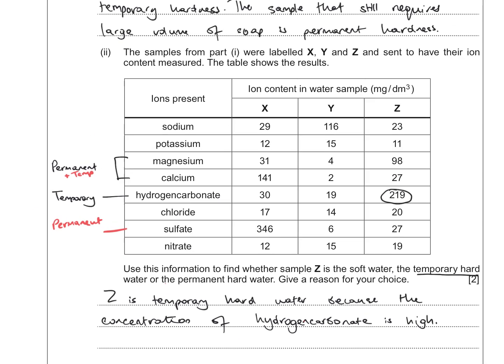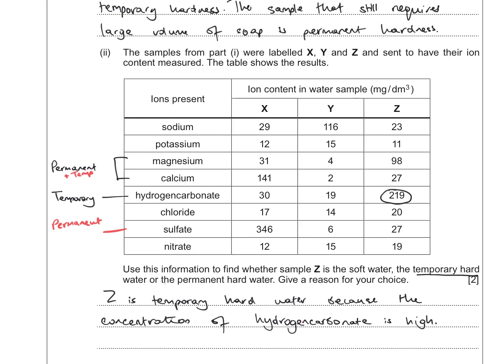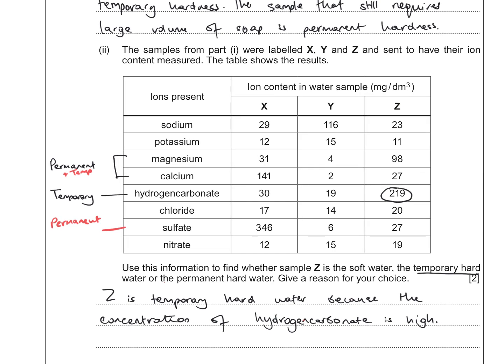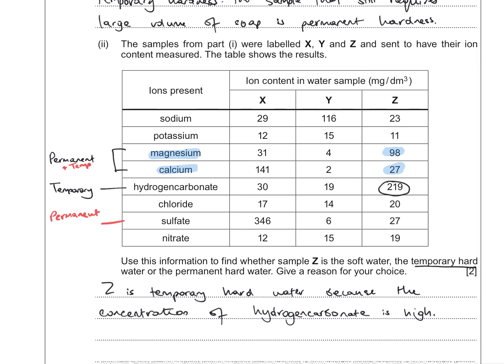Use this information to find out whether sample Z is soft water, temporary hard water, or permanent, and give a reason for your choice. So first of all, we can see that solution Z has got a high amount of calcium and magnesium. So that tells me that it's hard.